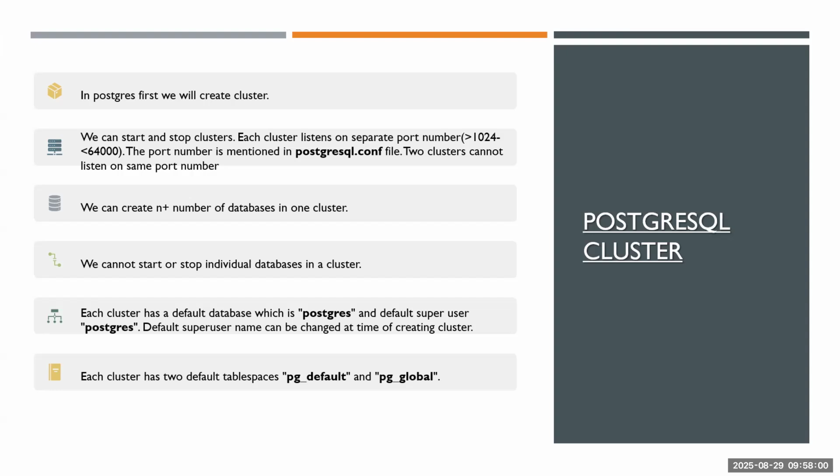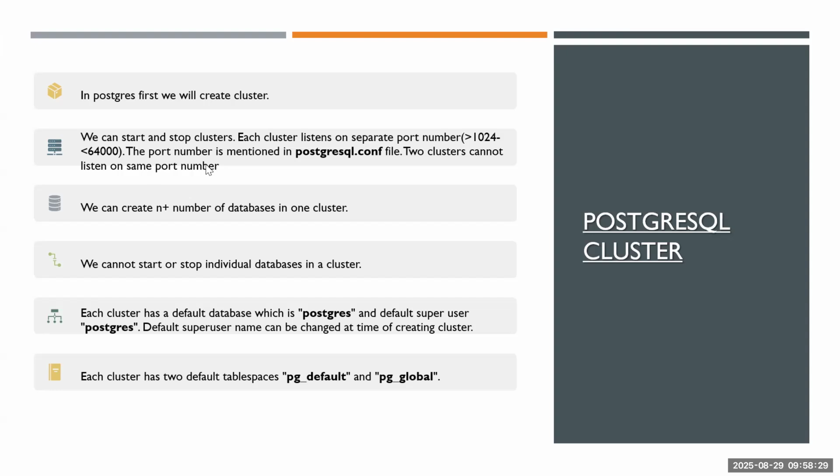Where can I change this port number, sir? In the postgresql.conf file. This is a powerful config file where I can verify what port your Postgres engine is listening on. If I want to change it, I can change the port in the postgresql.conf file. Once you change the port number, then you can start the cluster.